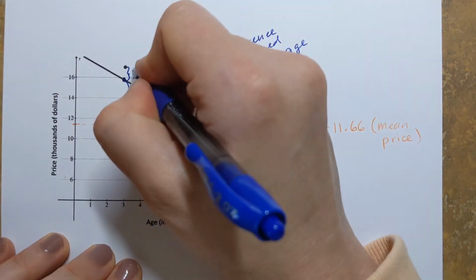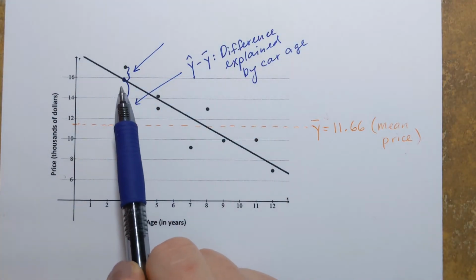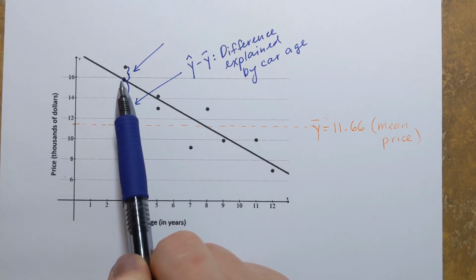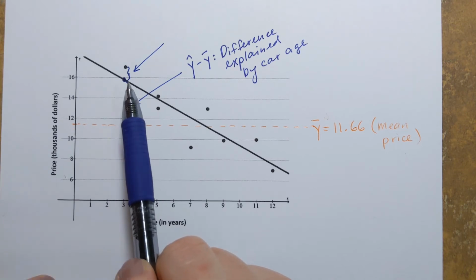Well, the reason for that is because age is not the only factor that influences the price of the car, right? It can be condition of the car, it may be color of the car, and things like that.